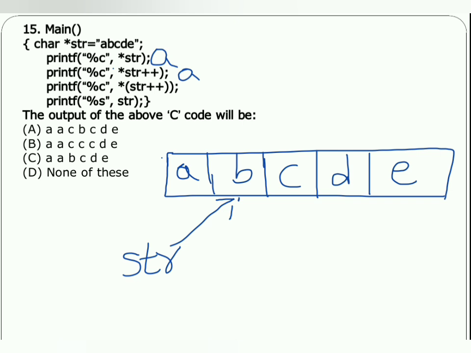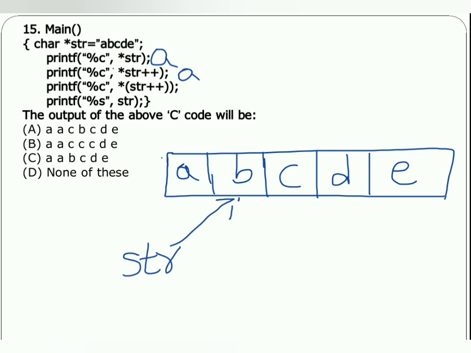Okay. So next. Printf %c, string post increment to the pointer. That means it will print the first element, then the pointer will increment. So what is the first element here?